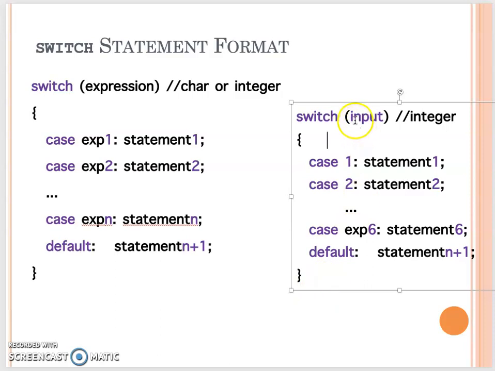Earlier we checked if input equals 1. On the other hand, if input equals 1, you see here, that's our case keyword, then a space. The value here matches the expression after the switch.